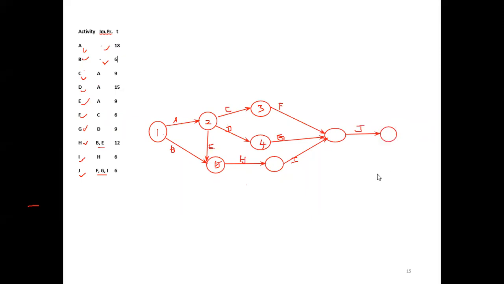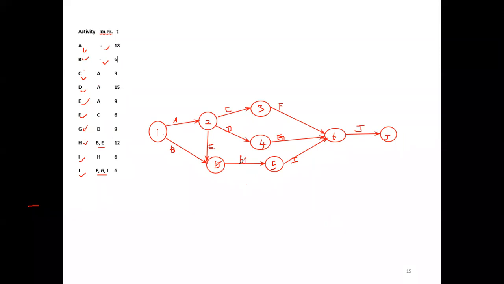Now we have connected everything, but forgot to write the event numbers. So this is the fifth event, this is the 6th event, this is the 7th event. The event numbers show the sequence. That's all. Now we have interconnected the activities, seeing the interrelationship of the immediate predecessor activities, so that every activity starts once its predecessors finish.